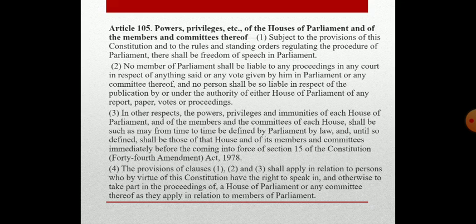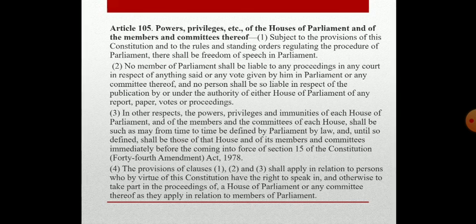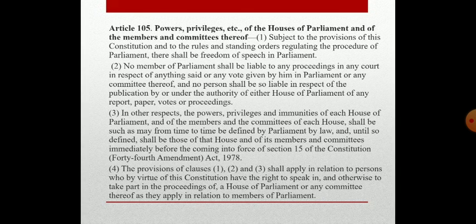The rules of procedure of the Parliament will accordingly punish the person. I think you are smart enough to understand that from the positive inference we can also draw the negative side, and the negative inference is very clear to you now.